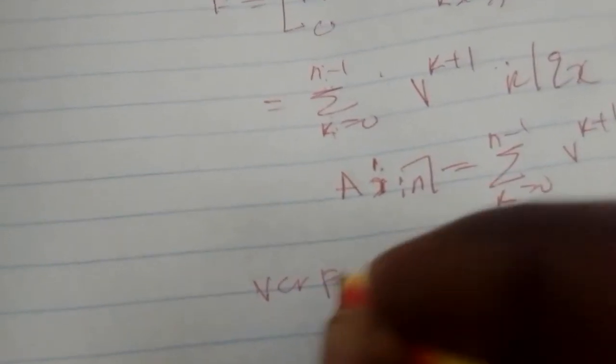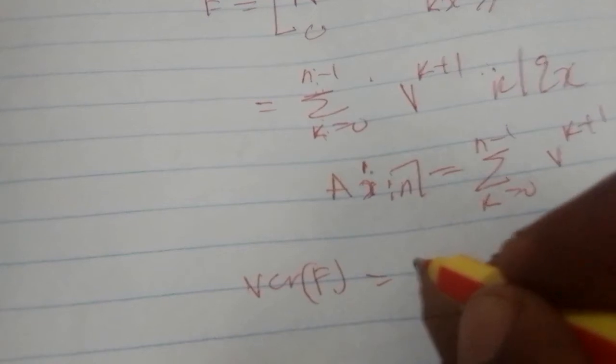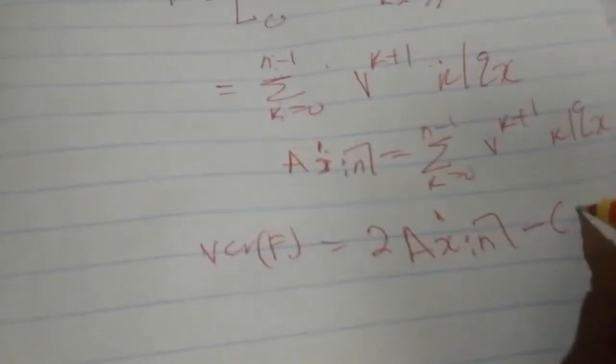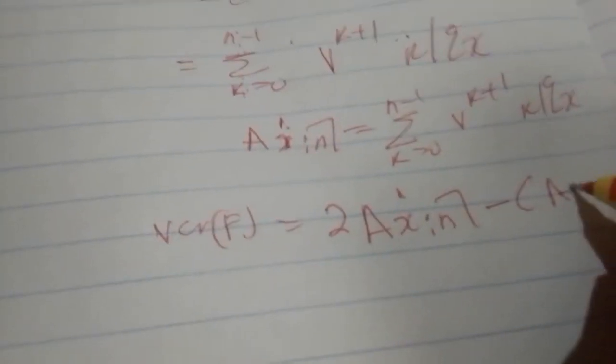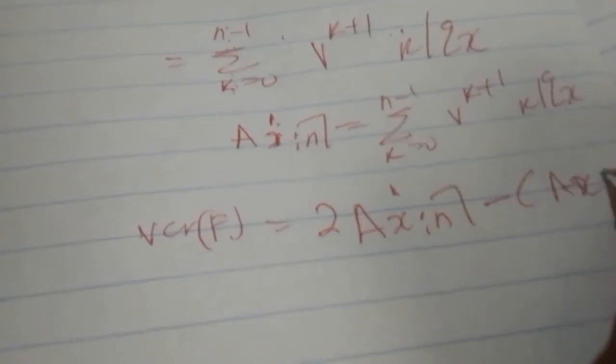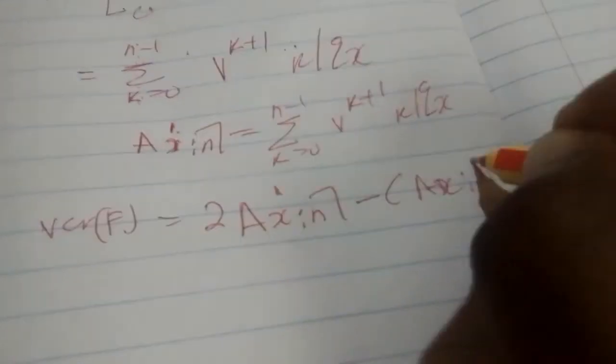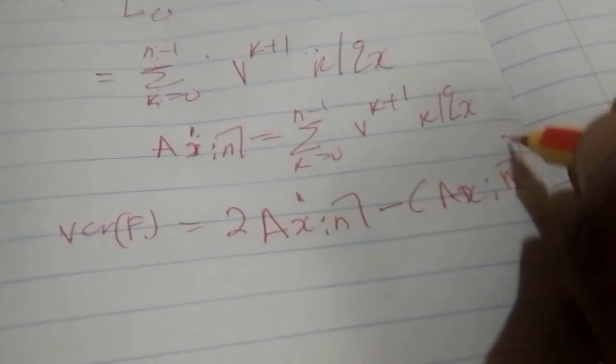So the variance is equal to the second moment 2Ax minus this one squared.